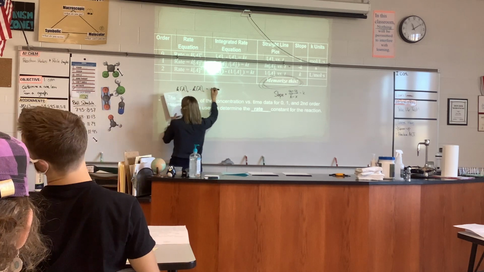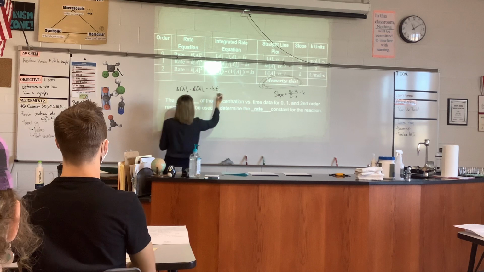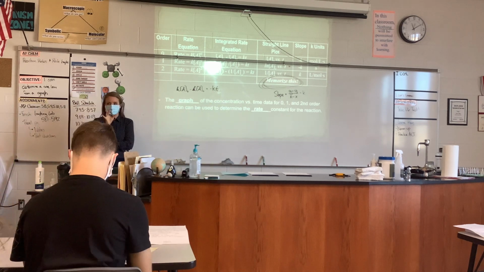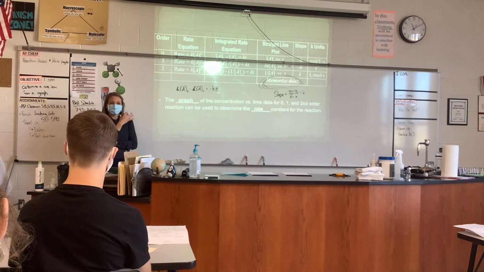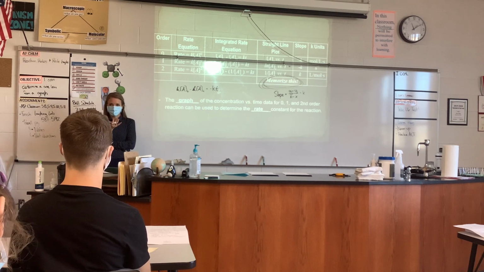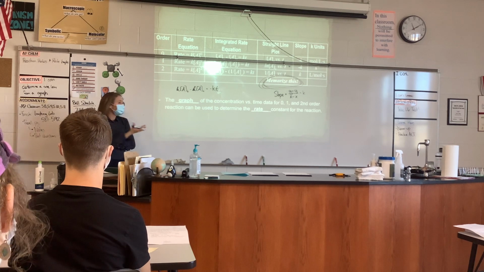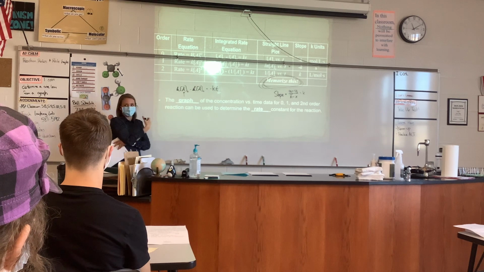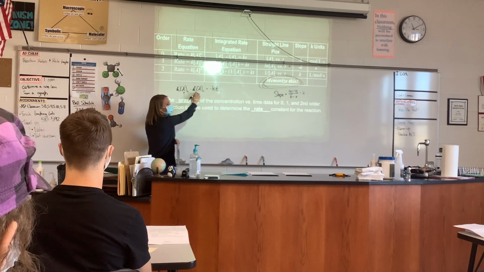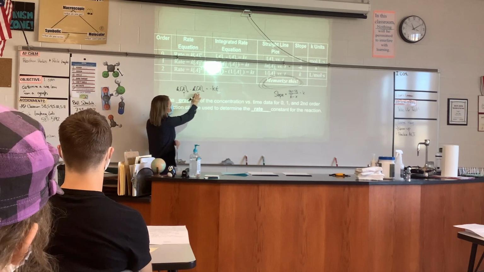So where this equation can come in handy is, first off, it only works if it's first order, because this is the first order equation. If it's not first order, this equation will tell you. But if the reaction is first order, you can plug in a concentration at any time, so you pull it from your data. This is the initial concentration.